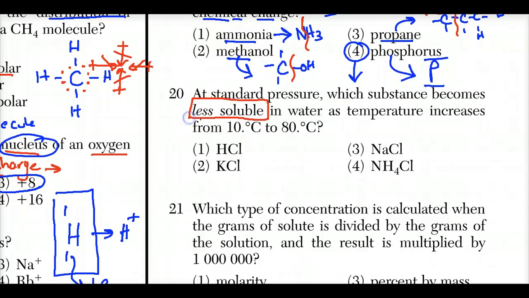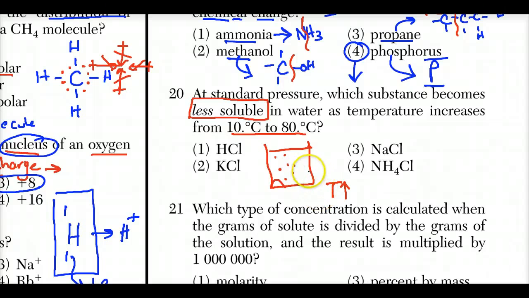Solubility is the measure of how well a substance will dissolve in water, or be affected by the solvent, as temperature increases. All right, now we know that solubility, how well a solid substance breaks into particles and can be surrounded by water, is based on, if it's a solid, temperature. So as temperature increases, we should be able to dissolve more.